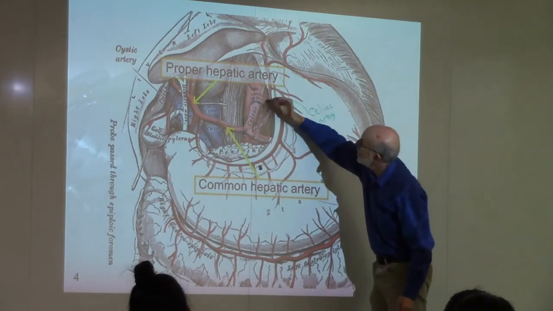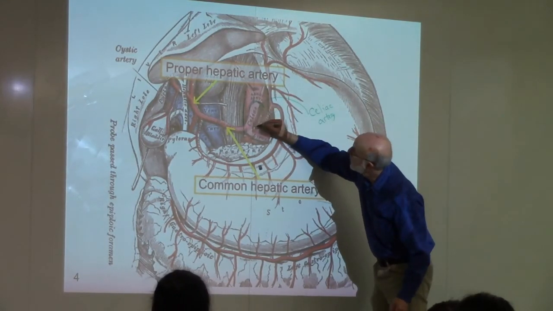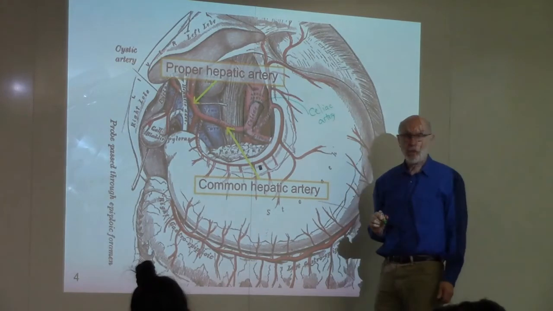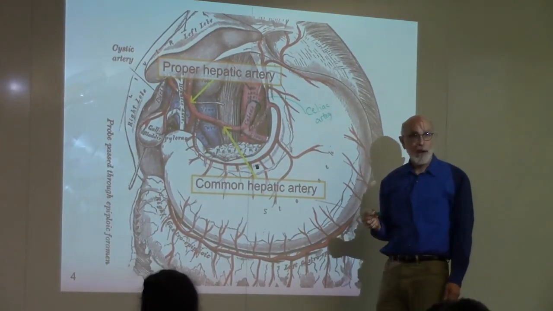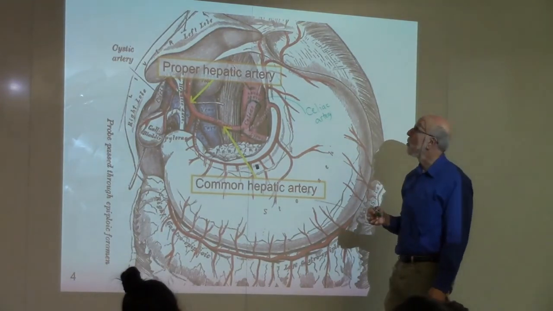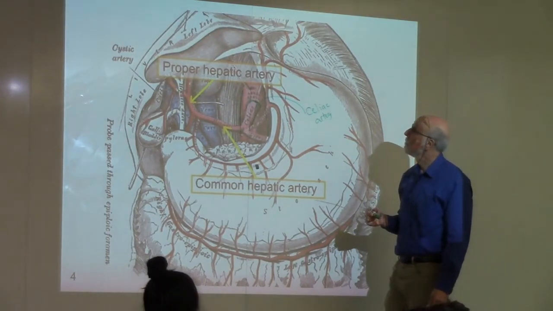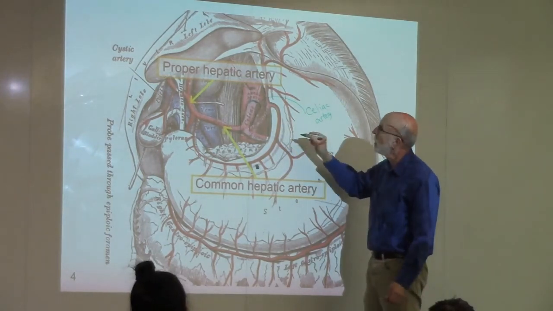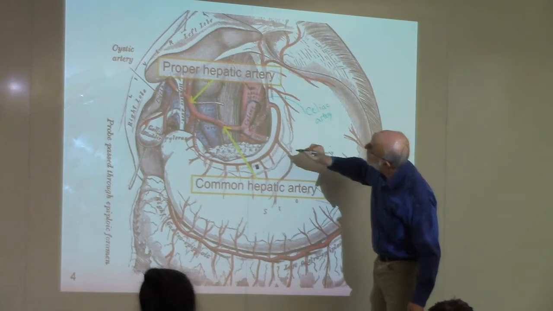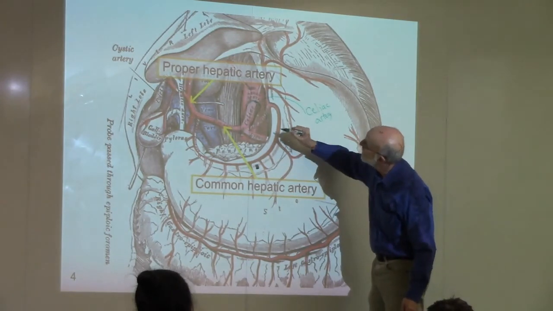The celiac artery is this tube right here. A major branch off of the abdominal aorta. The celiac trunk, celiac artery, branches into 3 branches.